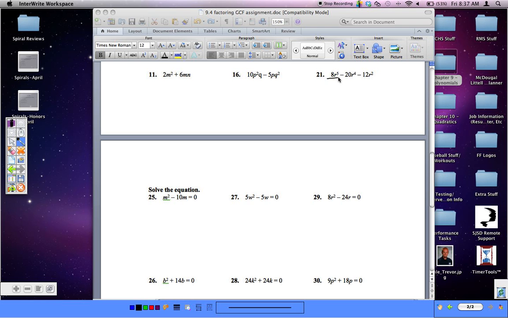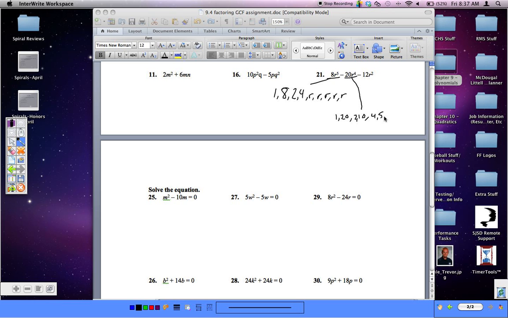In 21, when you take the factors of the first, which are 1 and 8, 2 and 4, are 5 times, because there's 5 of them. And then the 20r to the fourth, which would be 1 and 20, 2 and 10, 4 and 5.